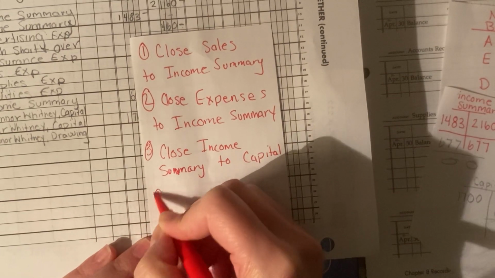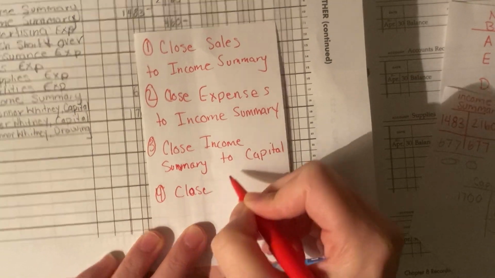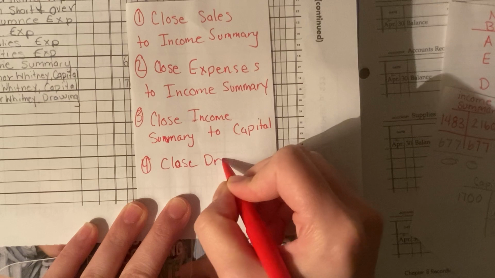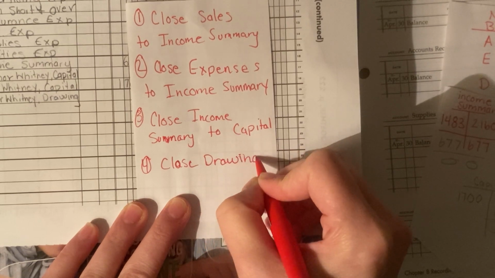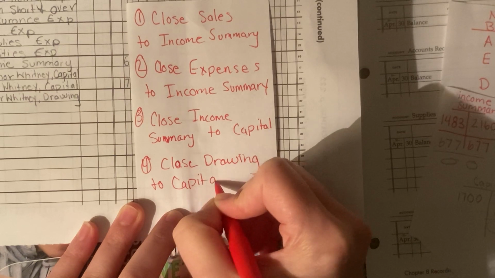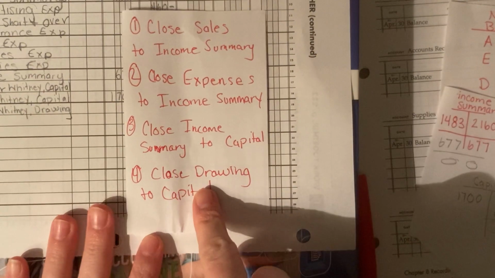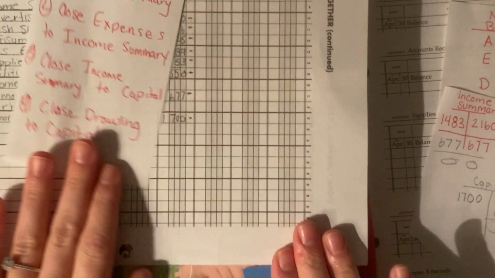Then the fourth thing we do, close drawing to capital. All of these balances become 0 and they're put into the capital. So, very helpful if you want to take notes on that.